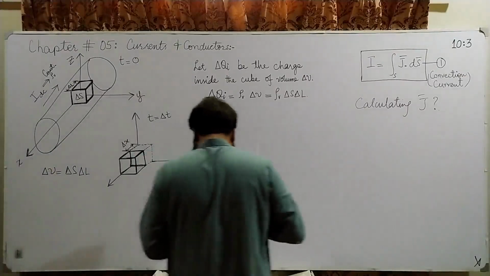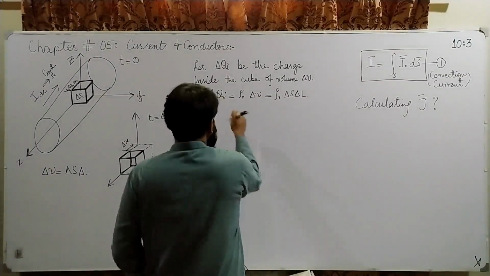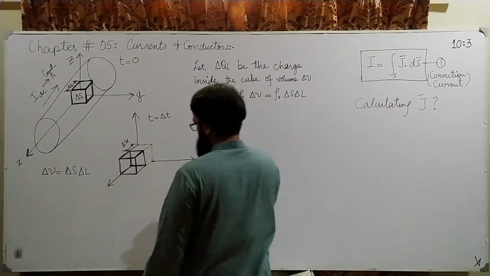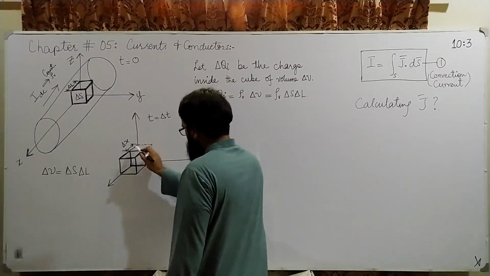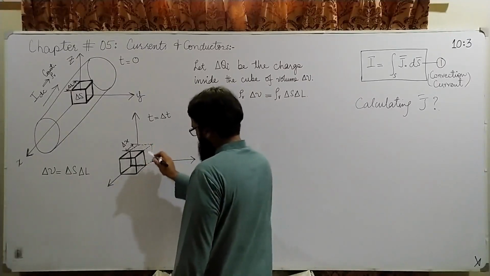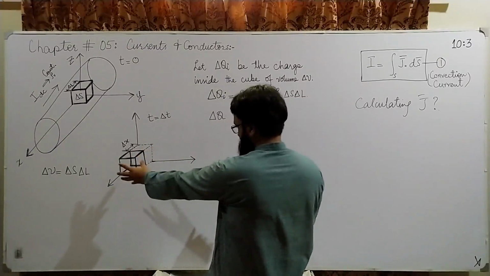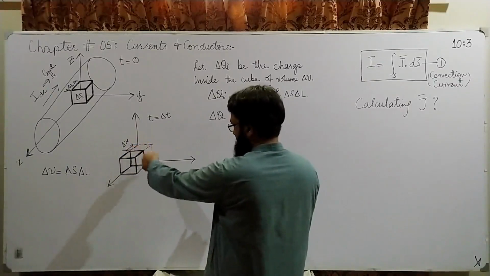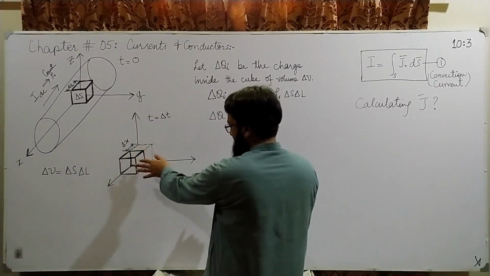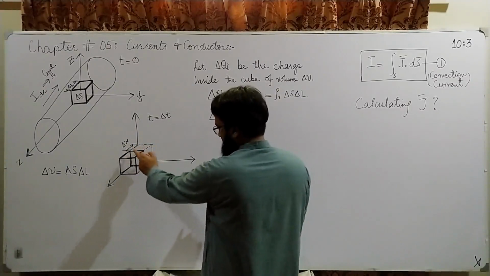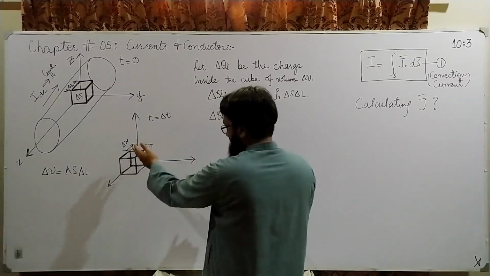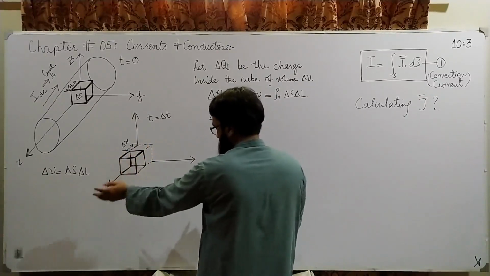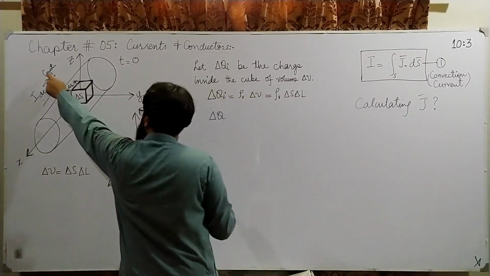So the amount of charge which crossed the front surface or the back surface would be the same. The amount of charge within this shaded box, which I drew at the back of this main box, is actually the amount which has crossed the surface at the back, and it would be exactly the same amount of charge which passed through the front surface, because we are dealing with constant rho v.